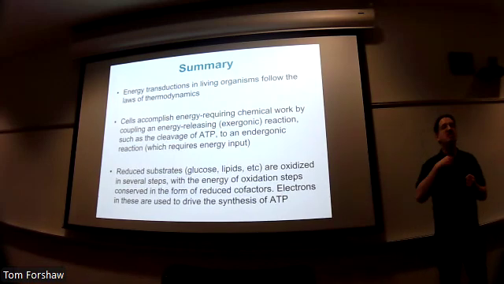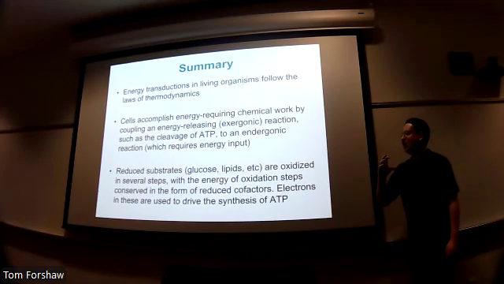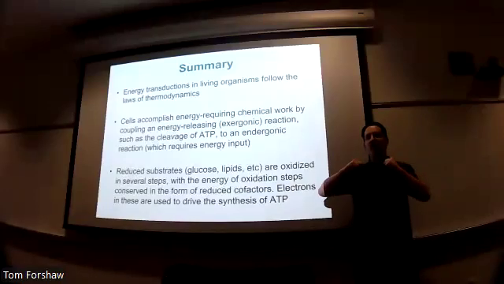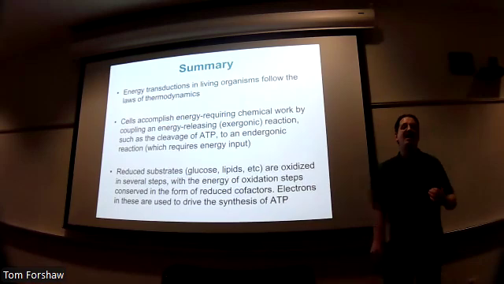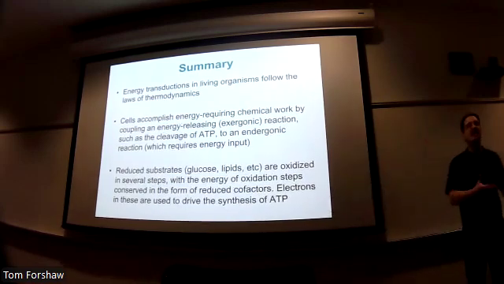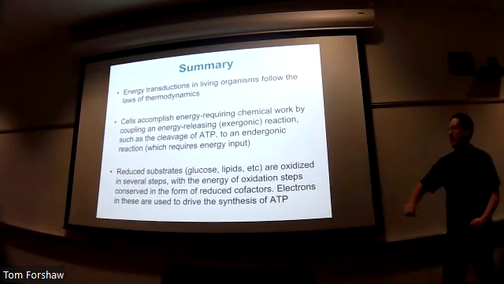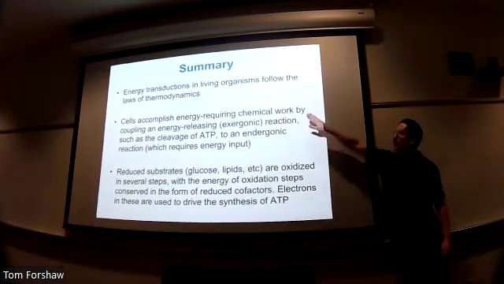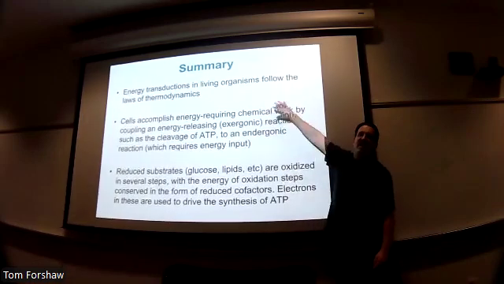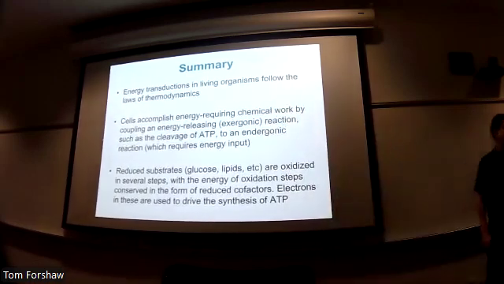Reduced substrates are oxidized by many steps. And those oxidations are pulling electrons off and putting them onto the cofactors that get reduced, NAD to NADH, which is the cofactor that's just holding on to some electrons that can drive the synthesis of ATP that we use for these things up here.